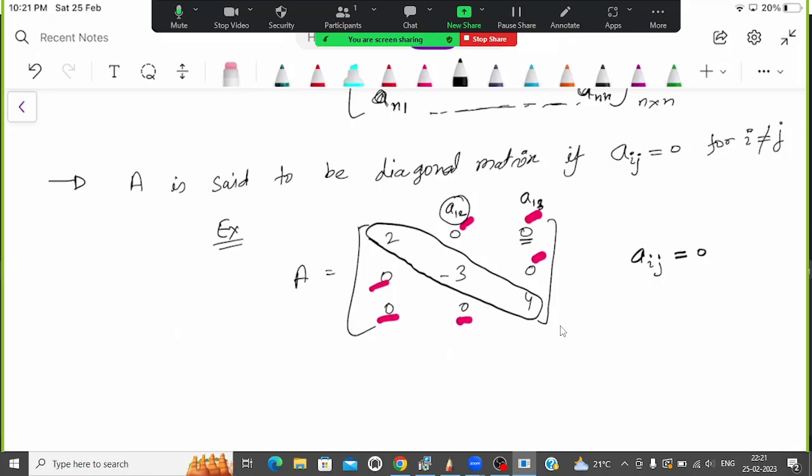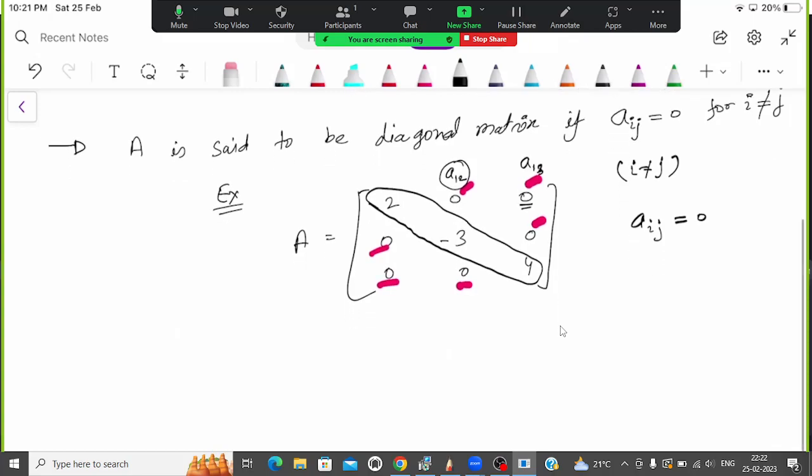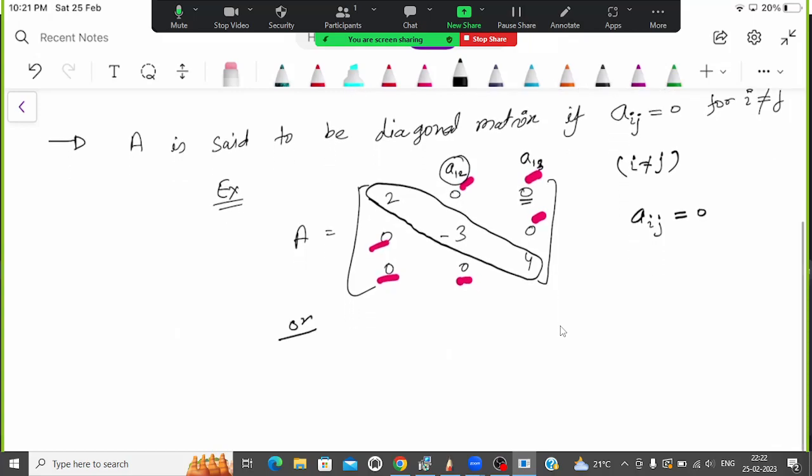So a_ij is 0 where i is not equal to j, meaning only diagonal elements will be present and all other elements will be 0. We can also write the diagonal elements 2, minus 3, 4. So these 2, minus 3 and 4 are the diagonal elements.